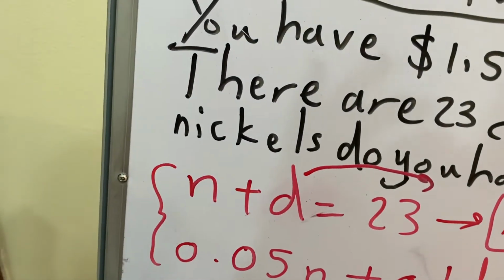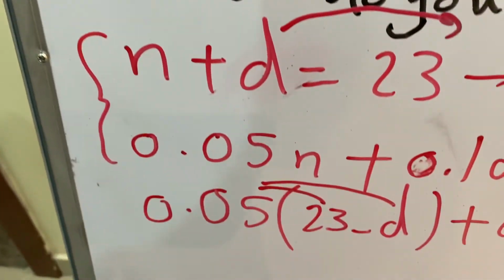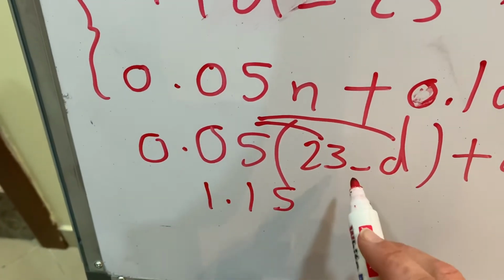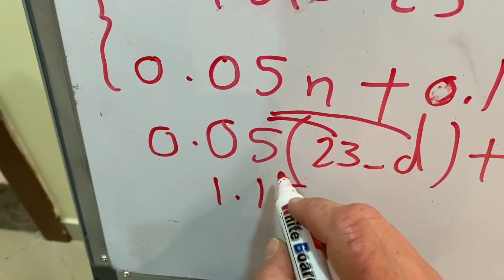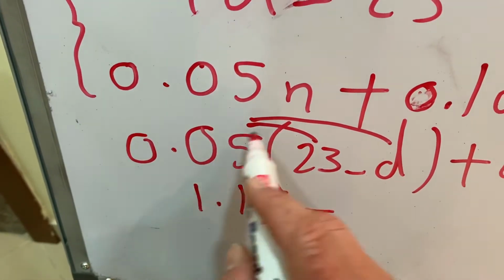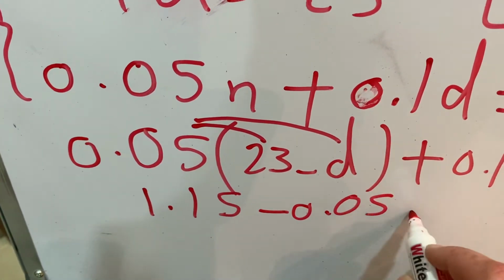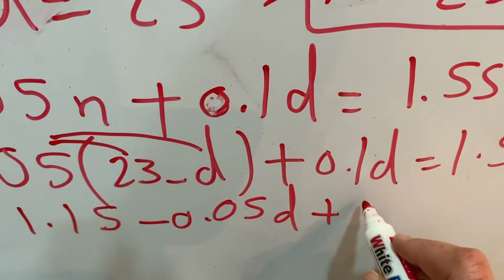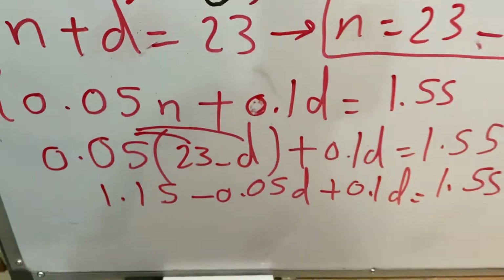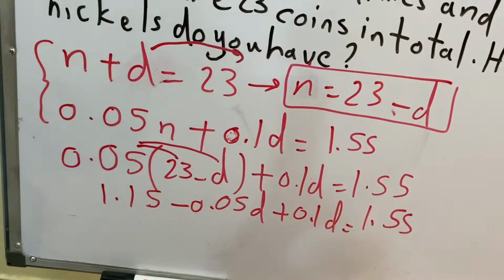I should put back the decimal, which is after 2 decimal places, so it will be 1.15. Here I will say 1.15 minus 0.05D plus 0.1D equals 1.55. Now I have the equation like this.